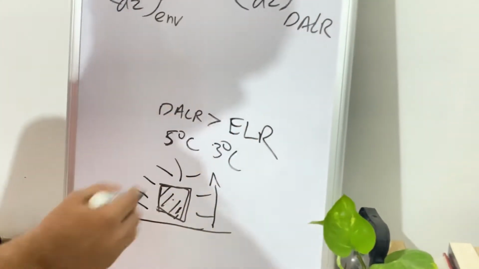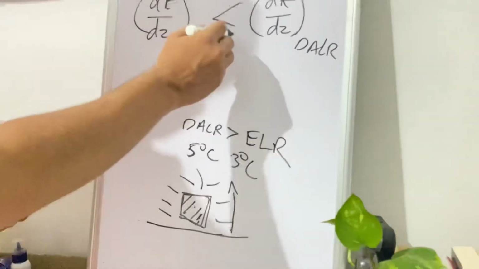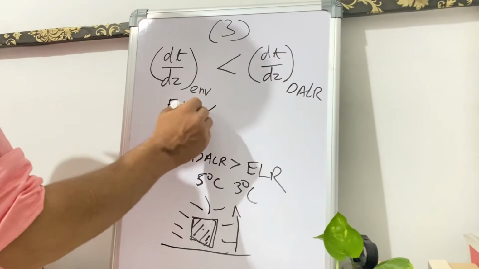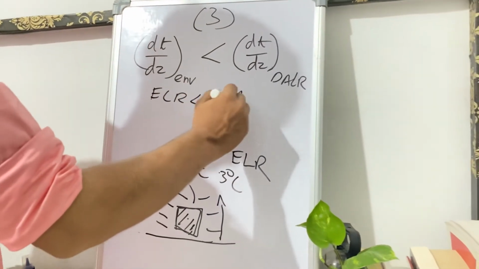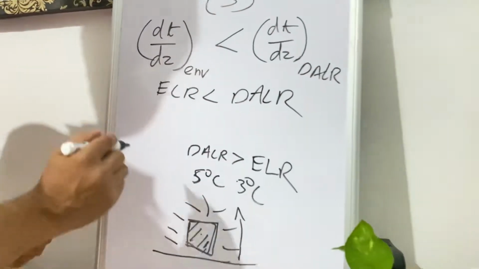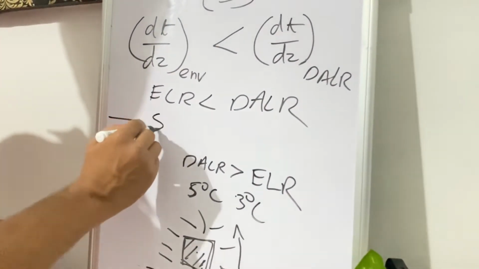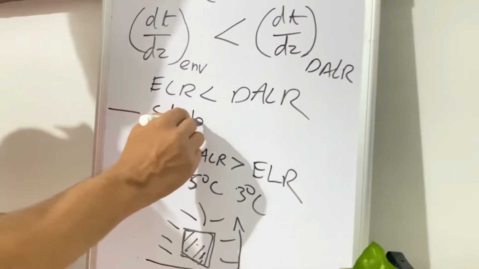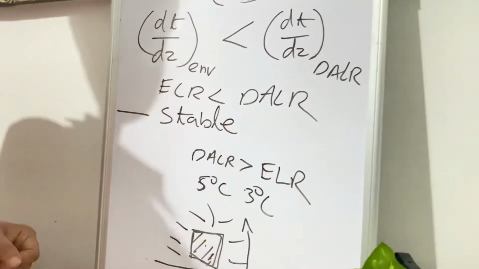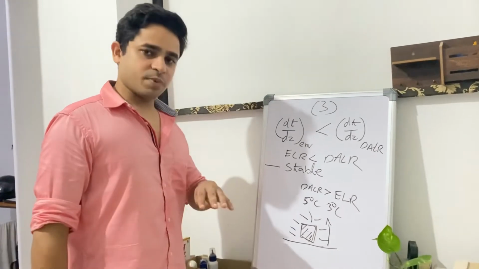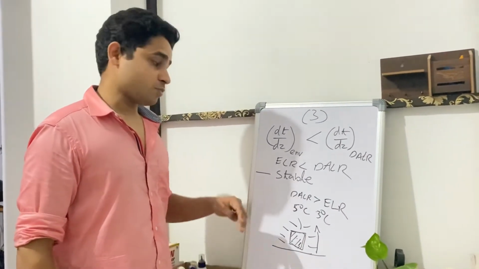Okay, or we can write it as ELR is less than DALR. In this situation, the condition is called stable. In this condition, the atmosphere is perfectly stable. It is more stable than our neutrally stable condition.